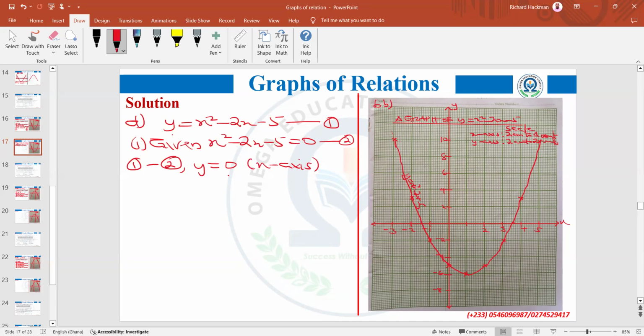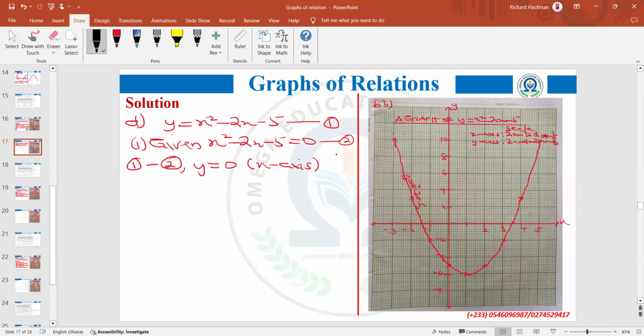But fortunately for you, have you not drawn the x-axis already? We have drawn the x-axis. So it means this line y is equal to 0 has been drawn. Where the line meets the curve, let me change the color of my marker just for identification.